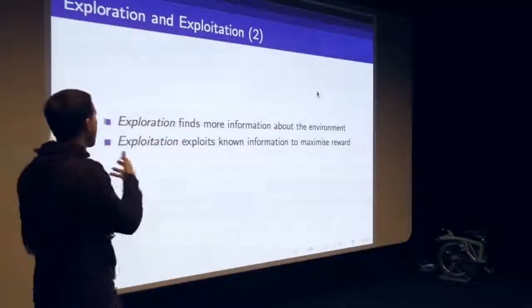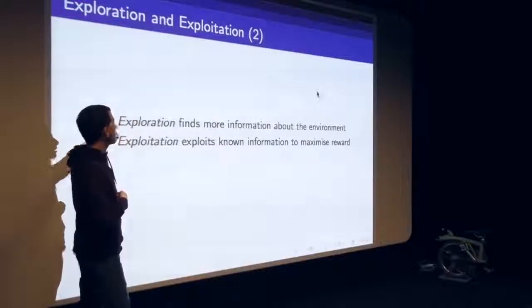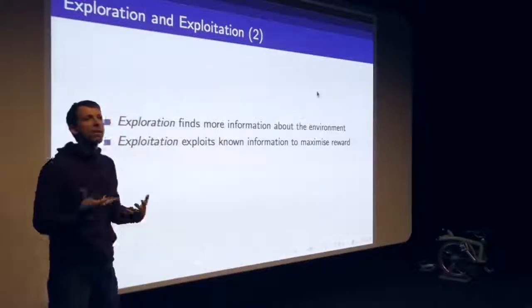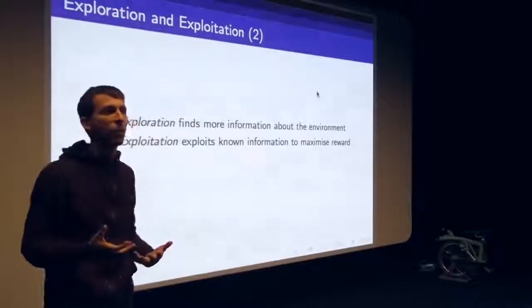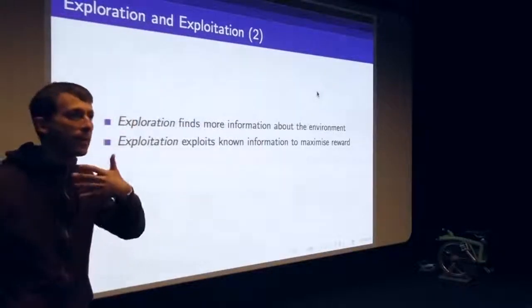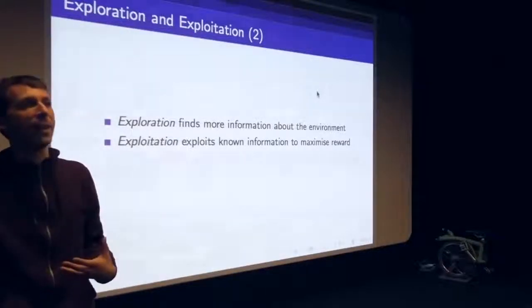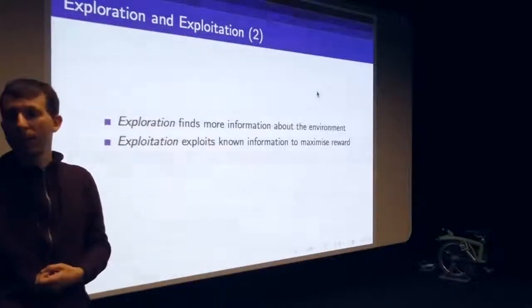Exploration means finding out more about the environment. Exploitation means exploiting the information you've already found to maximize your reward. It's the exploration-exploitation trade-off. It's universal to reinforcement learning and kind of special to reinforcement learning. It doesn't come up elsewhere in machine learning.